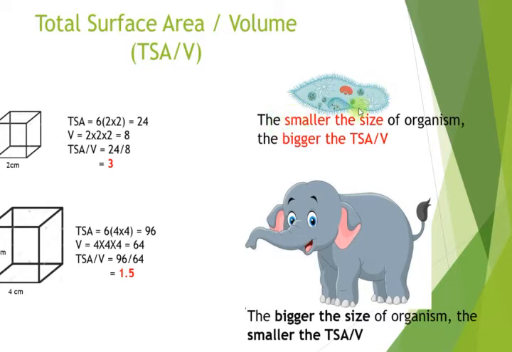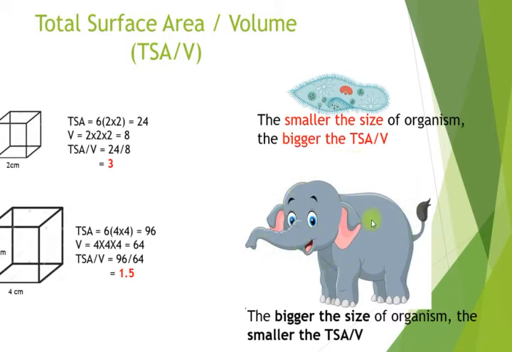So the smaller the size of the organism, the bigger the TSA per V ratio. This refers to the concept of the total surface area to volume ratio, or TSA per V. The smaller the size of the organism, the bigger the TSA per V. In opposite, this refers to the multicellular organism.